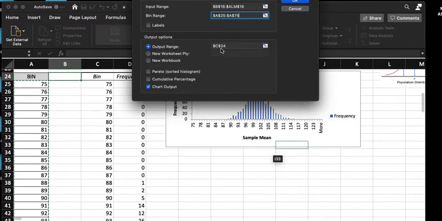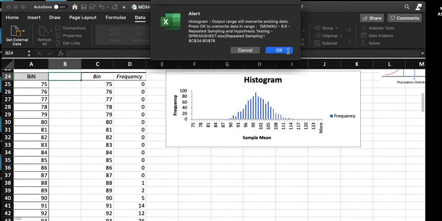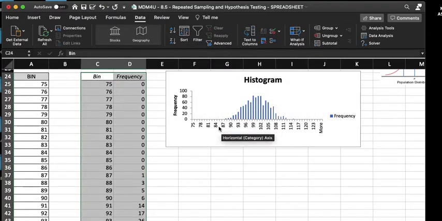And then I'm outputting them here, pressing OK. Now this is going to override the previous result, but you can see that it's creating approximately a normal distribution. It is symmetrical, it is unimodal, and that's why it's reasonable to approximate some of these probabilities using the standard normal curve.